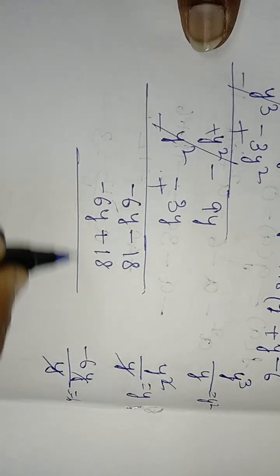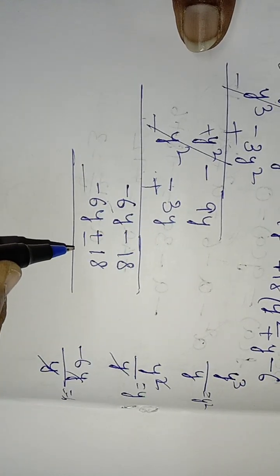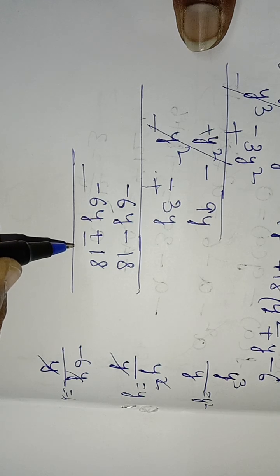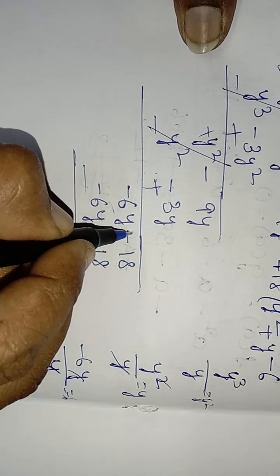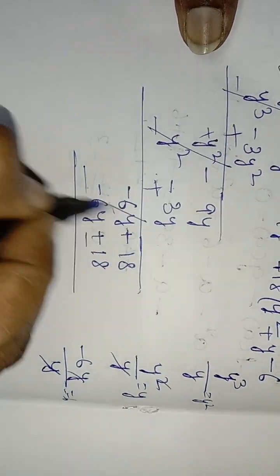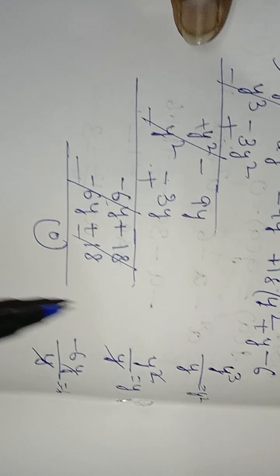Actually the question only is written that way, it is plus 18 in the question itself. So these two will get cancelled and 0 is the remainder.